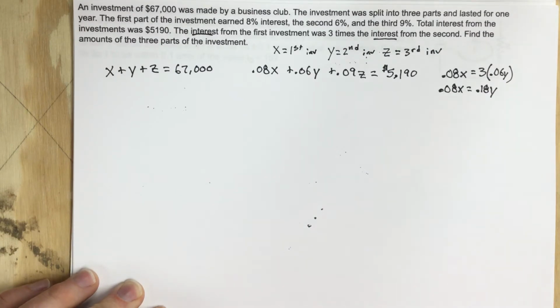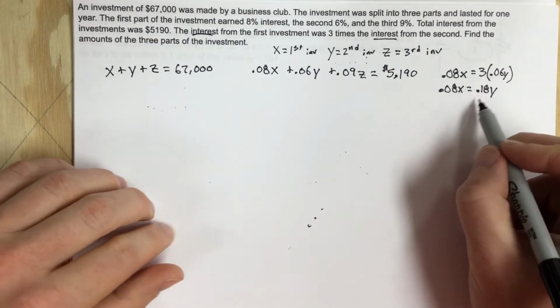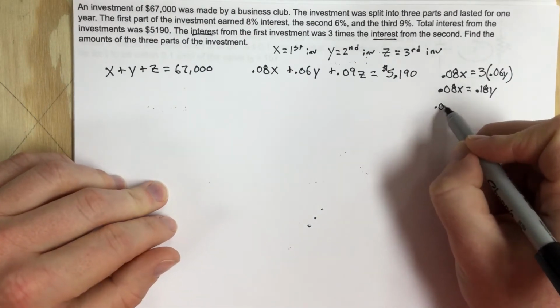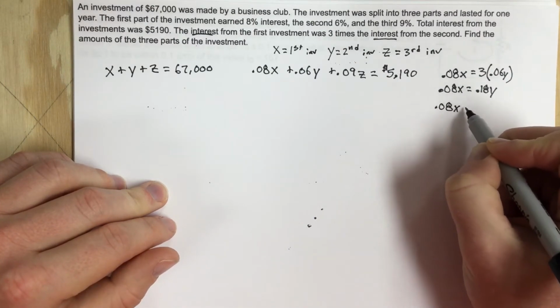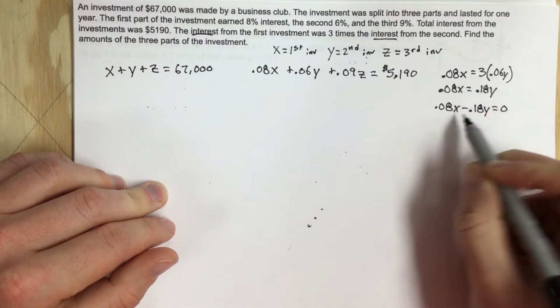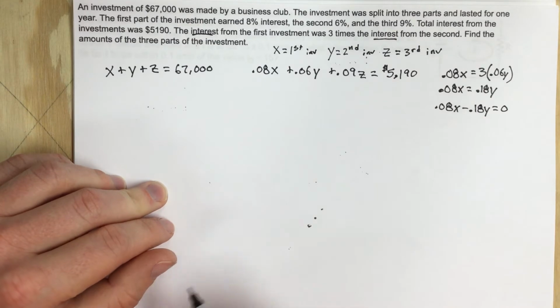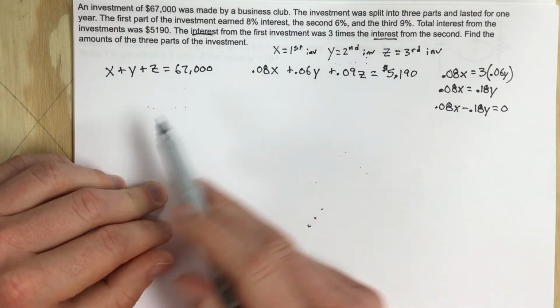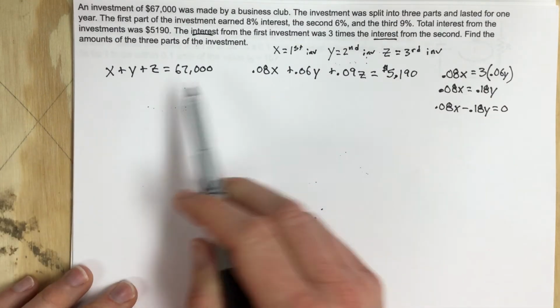So now it looks like we can use elimination or substitution. Really either one would work here. I'm going to move this one over so it says 0.08x minus 0.18y equals 0. So this equation is set up like that. And I'm going to take these 2 equations and cancel the z terms so that I have just x and y.